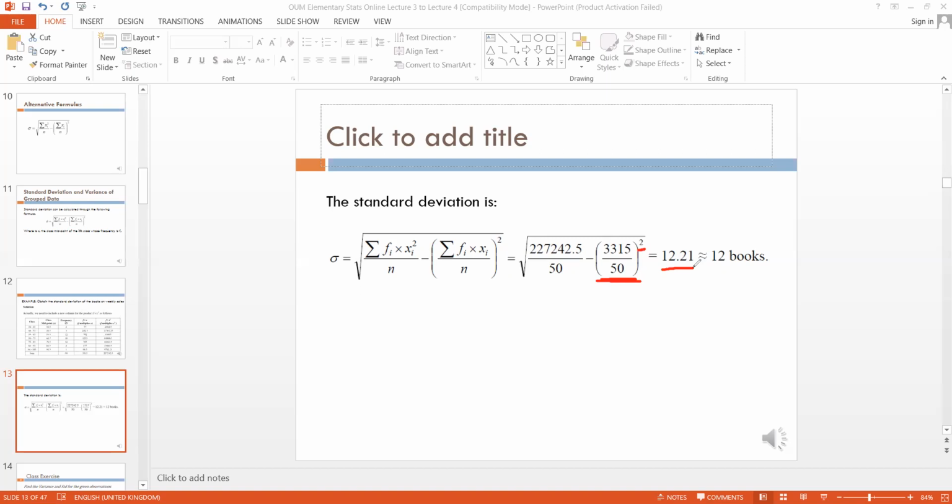If you want the variance, the variance is the quantity in the bracket before you found the square root. That will be the quantity under the square root sign. That is the variance of the distribution.